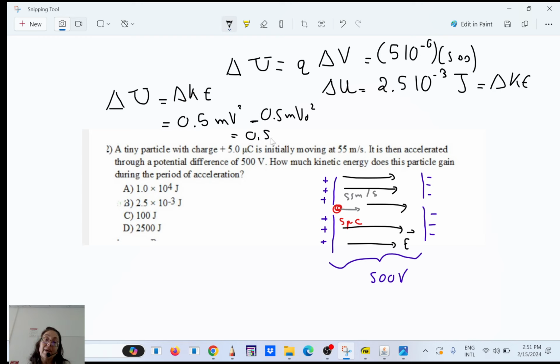So 0.5 times the mass times v squared minus v sub 0 squared. Then you can plug your 55 in there and solve for v. That will be algebra, and then physics stops and you can find the final speed. Is that clear? If you understand gravity, it works the same way with a uniform electric field.